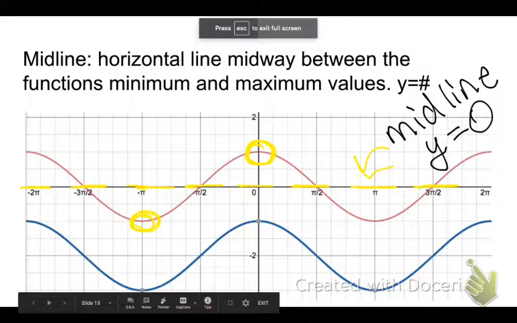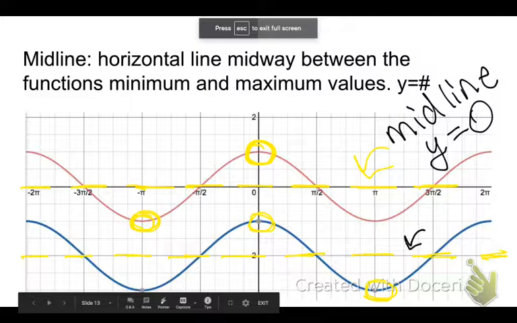For the blue function, we moved down 2 units, which means everything moved down 2 units, including my maximum, which is at -1, and my minimum, which is now at -3, which means my midline, the line halfway between my maximum and minimum, also moved down 2 units.